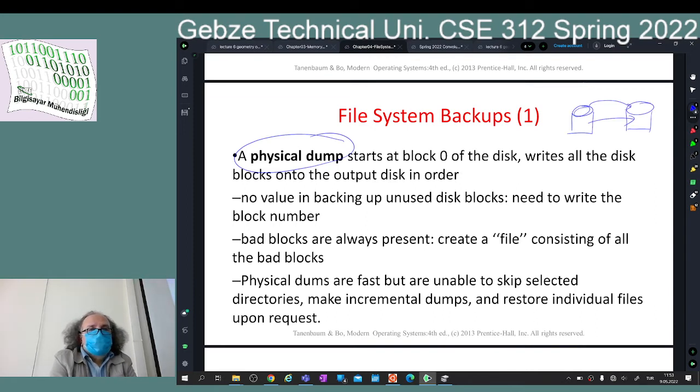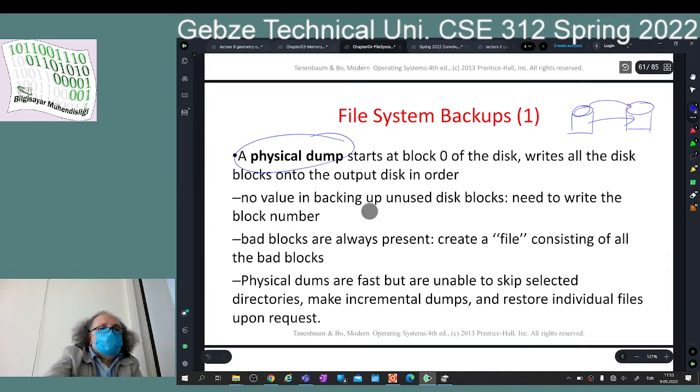Okay, so remember what we said about why we are taking backups of temporary files? This one doesn't care. Or this one is so stupid, okay? It takes backups of unused spaces too. If your disk is 50% full, it just takes a backup of the unused space.